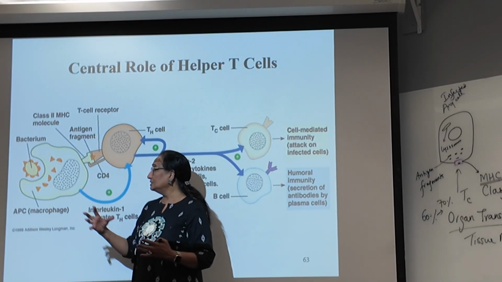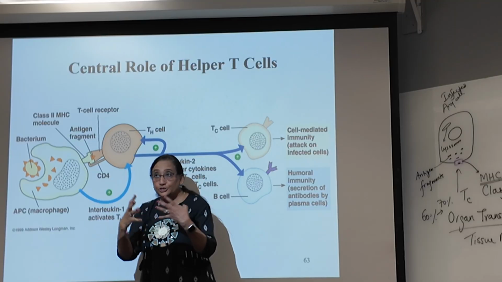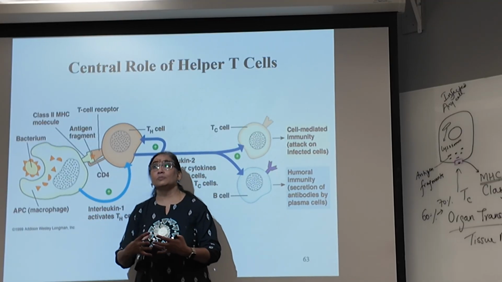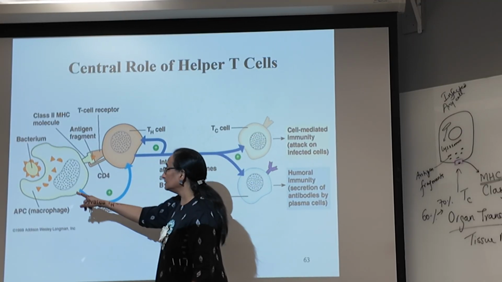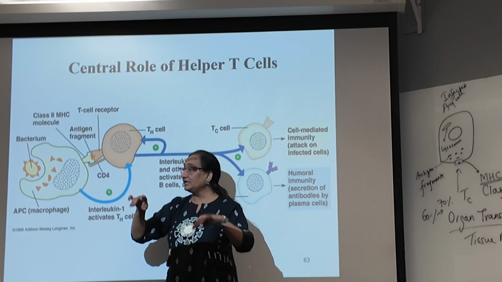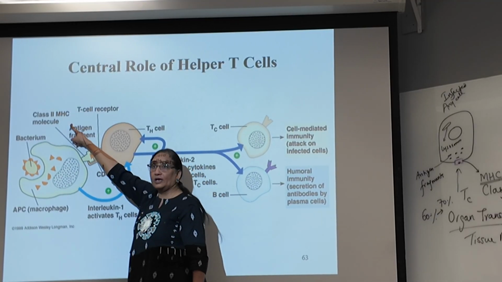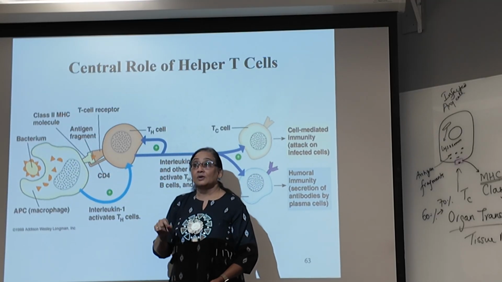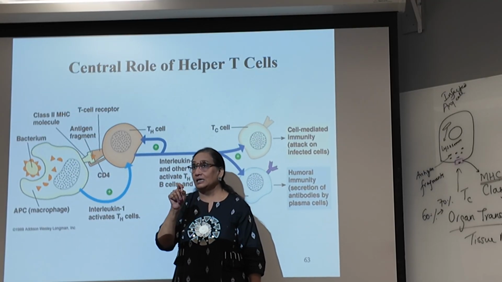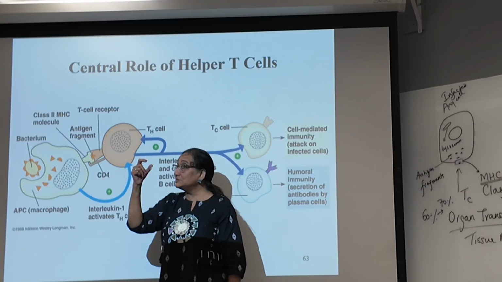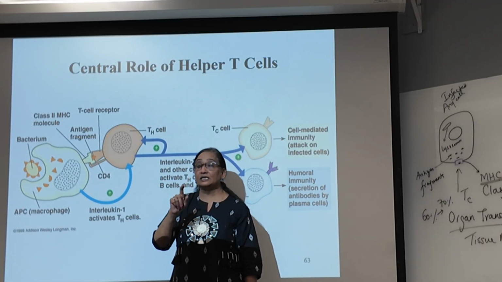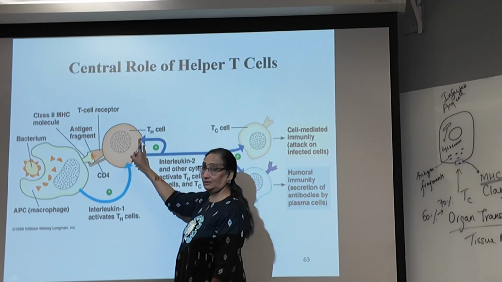And many a times this is what will happen. Okay, most often it is your tissue macrophages or your white blood cells that are ingesting the pathogen, and then they are destroying it, and then they are presenting it on the surface of the class 2 MHC protein. When this happens, the T cell that comes and recognizes the antigen is a helper T cell.